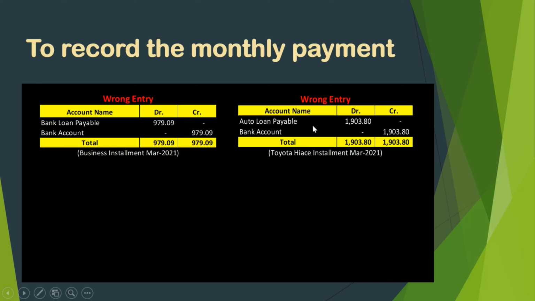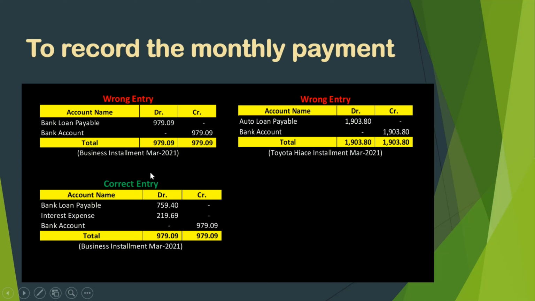Similarly for the auto loan also, some accountants just pass the entry, crediting the bank and debiting the loan payable account with the total amount of the installment. It is not like this. I will show you how to record this entry correctly.